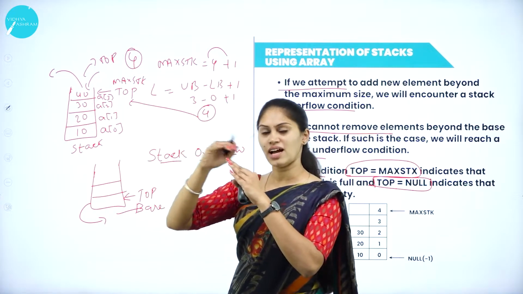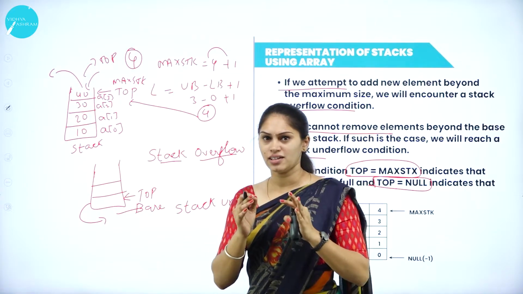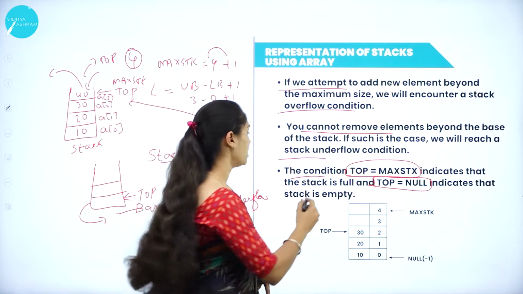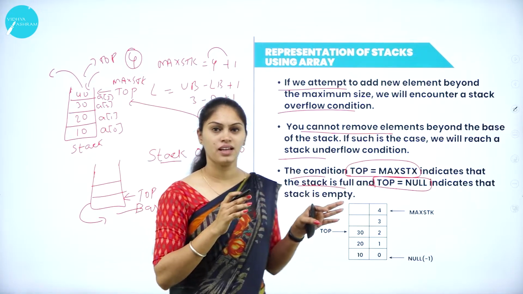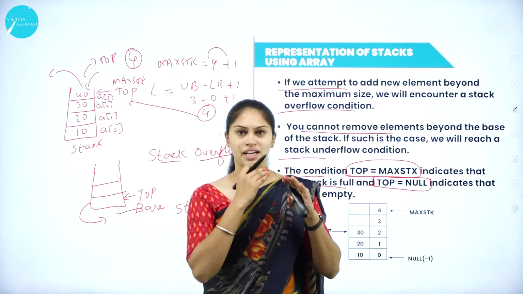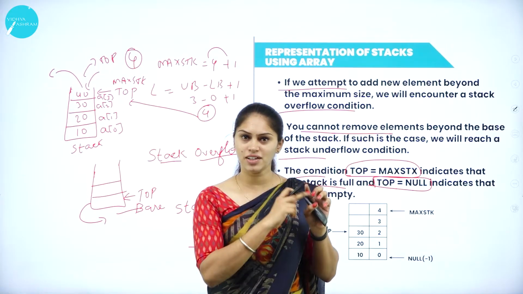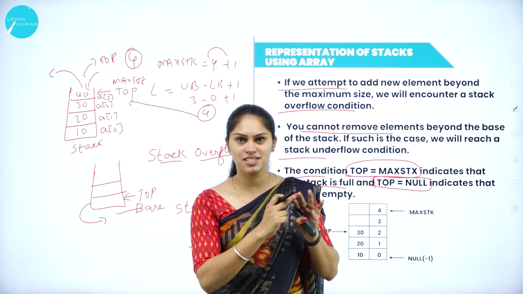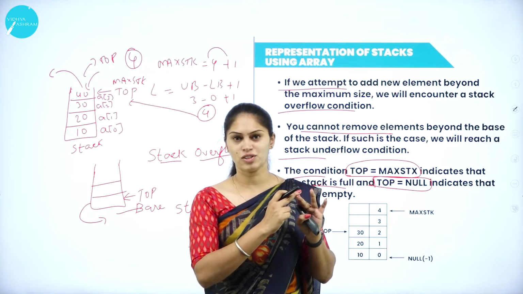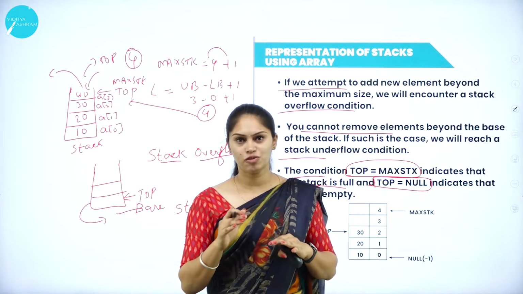If that is the case, what does it indicate? The stack is full. I have only 4 elements to be added to the stack and it is already filled. When top is equal to max stack, the stack is full.